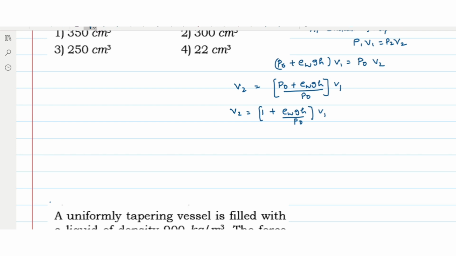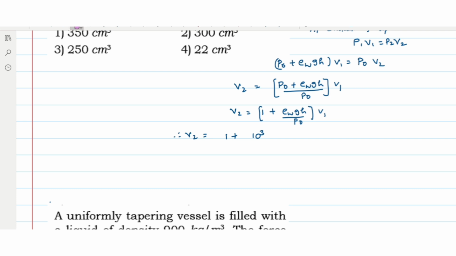Now you have to put these values. V2 will be equivalent to 1 plus density of the water, which is 10 power 3 kg per meter cube, into g into h, by P0.